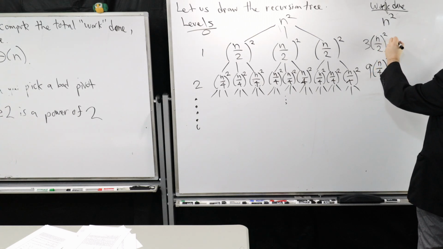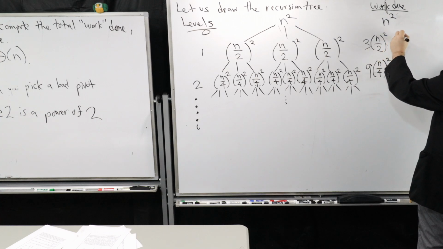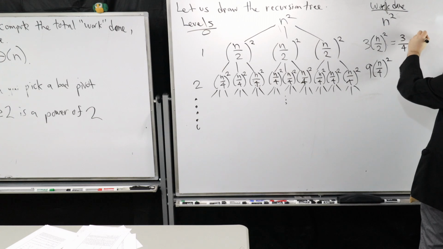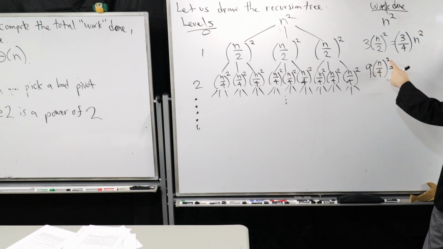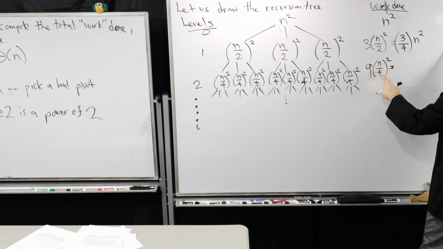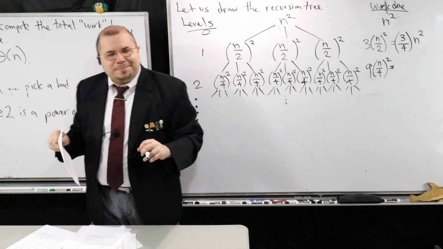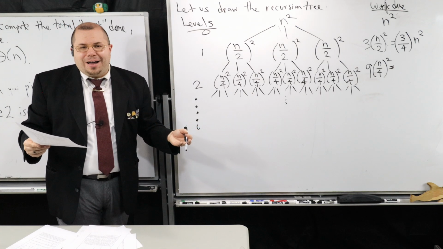One thing I want you to notice is I could rewrite this as 3/4 times n squared. And then here, I have 9 times n over 4 squared. Now if I square 4 here, that's 16, right? What's 9 over 16 when I simplify it as a fraction?